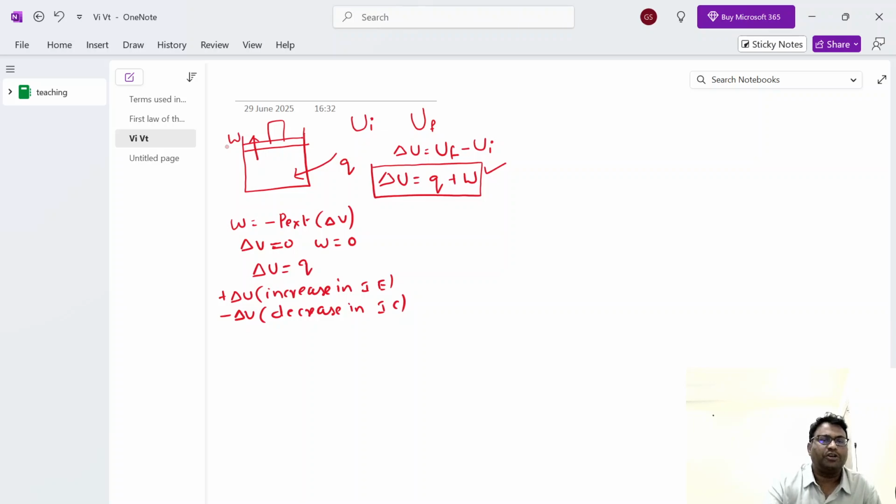So it is absorbing some heat energy, so that internal energy increases. So when it absorbs heat and if it is not doing any work, delta V is equal to 0. Delta V is equal to 0 represents that it is an isochoric process. What process? Isochoric process. So in an isochoric process, whatever heat is absorbed by the system will be used to increase the internal energy.